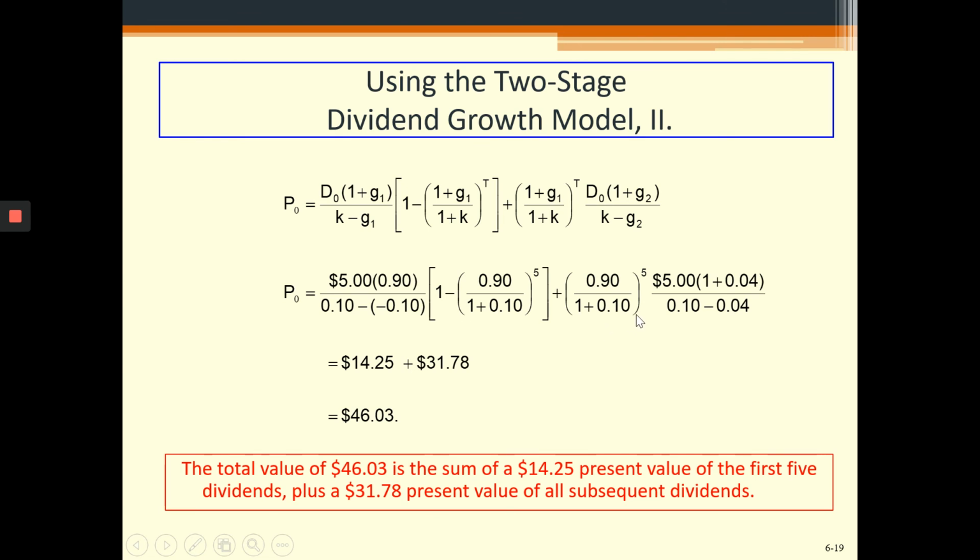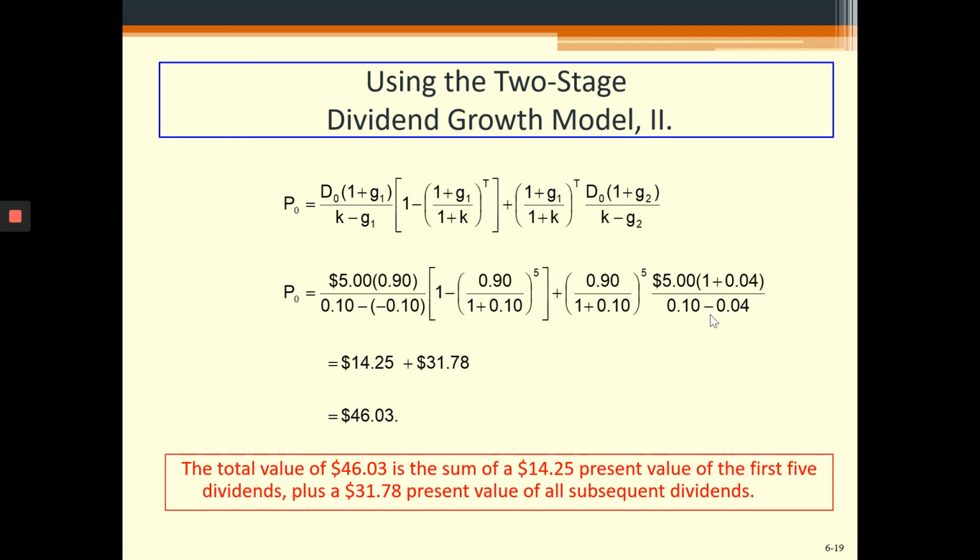The second portion will give us the present value of the dividend by which they were increasing by 5% perpetually forever.